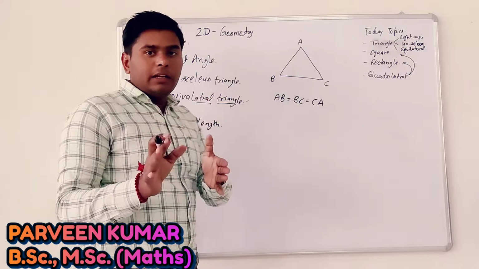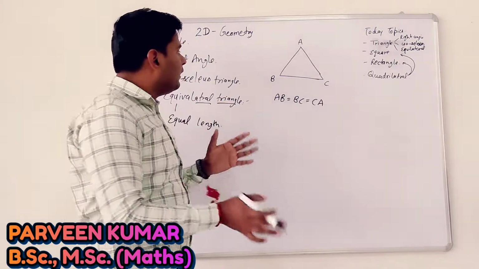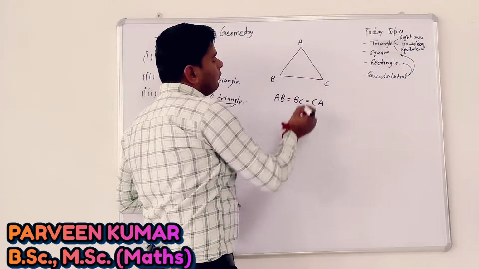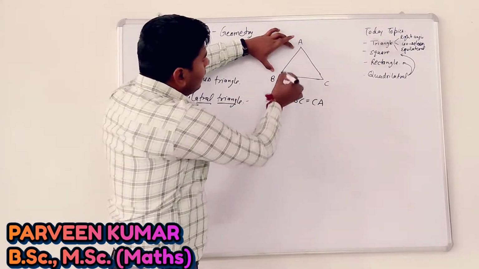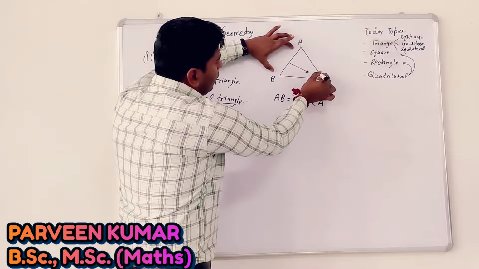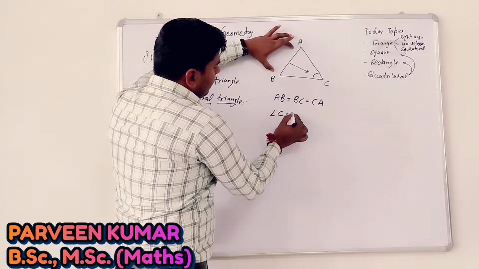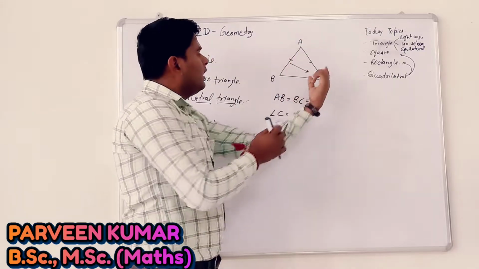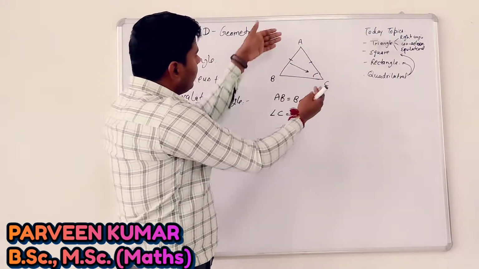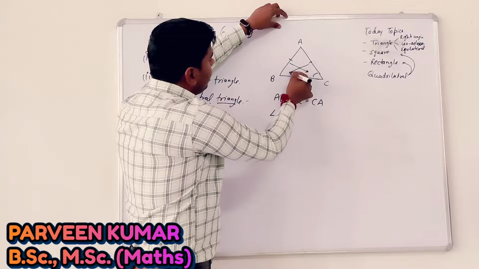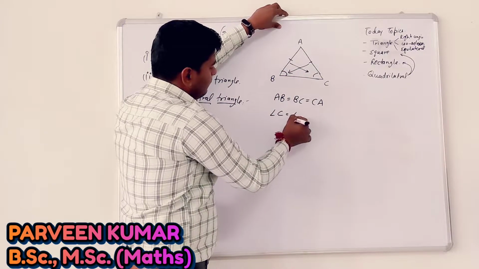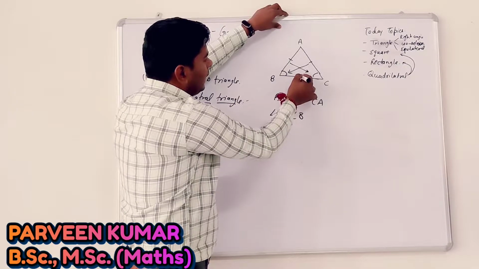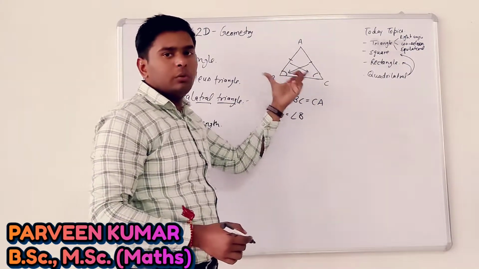As the three sides are equal, the angles opposite to these sides are also equal. If we take AB, the angle opposite to it is angle C. If we take AC, the angle opposite to AC is angle B, and these two sides are also equal to BC.